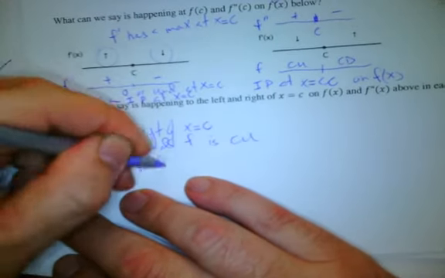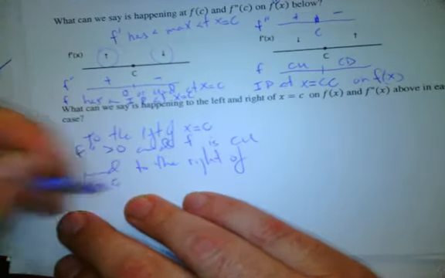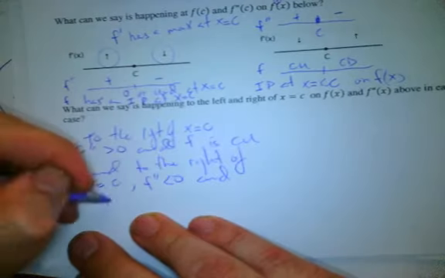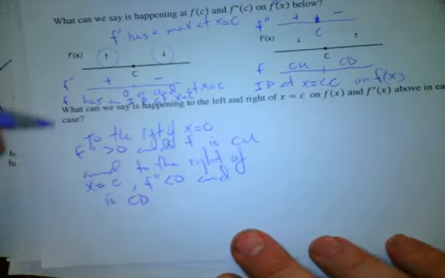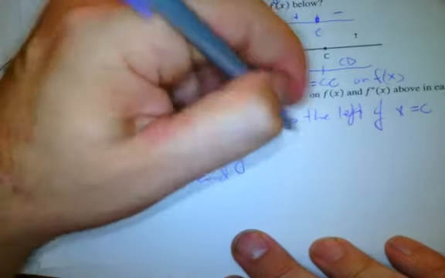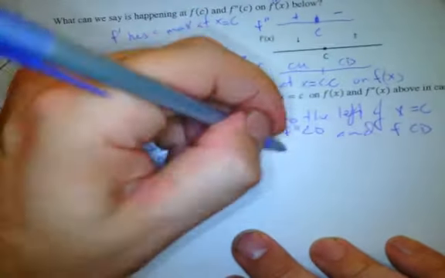Okay, well, I guess I would say to the left of x equals c, f double prime is greater than 0, and f is concave up, and to the right of x equals c, f double prime is less than 0, and f is concave down.